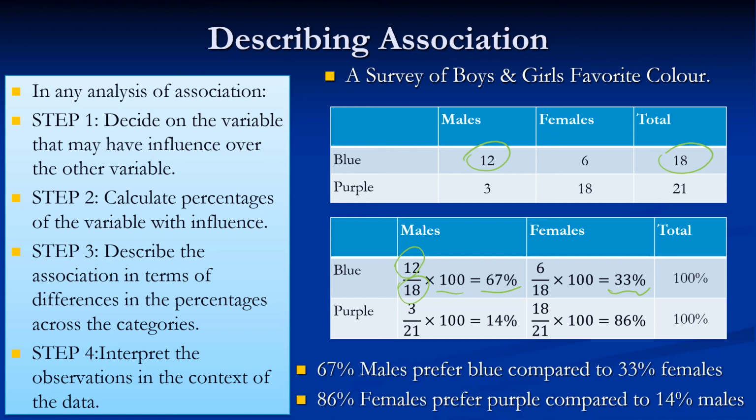And then we can make a couple of conclusions. We can say that 67% of the males prefer blue compared to 33% of females. And likewise down below we can say 86% of the females prefer purple compared to 14% of males.